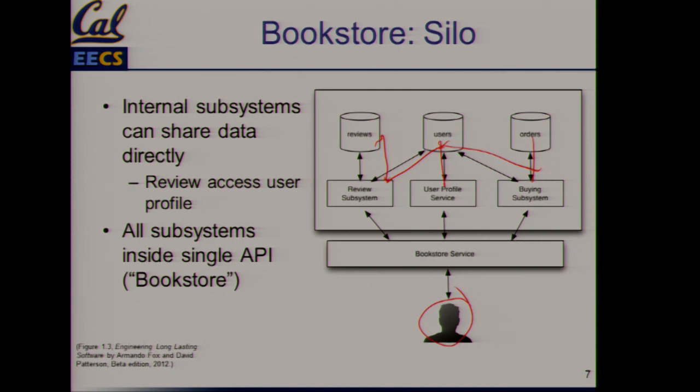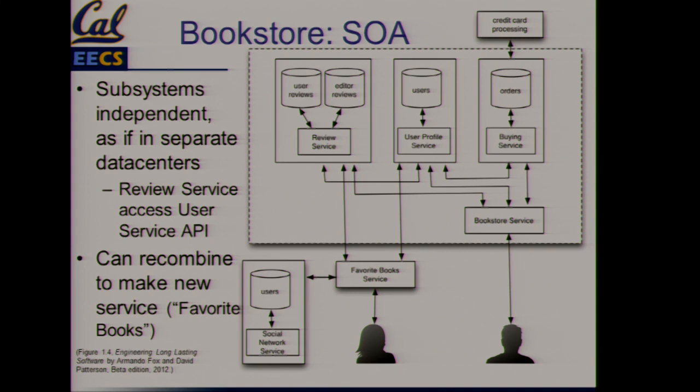So what would a service-oriented architecture version of this look like? These services, the little boxes here, are supposed to be independent servers that interact, all via an external API. You took the effort to build these three things, and then you built the same bookstore service. So what? Well, it's really easy to build other services.